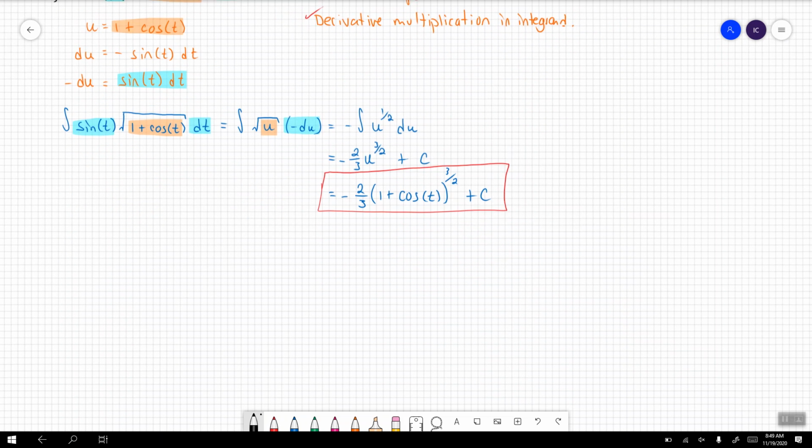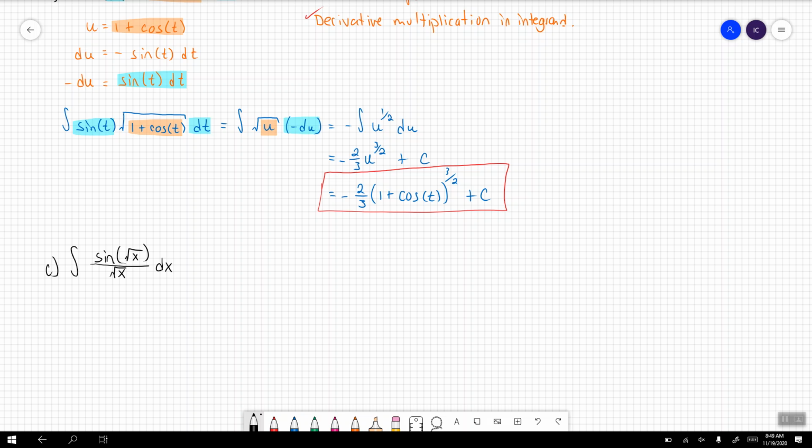Let's try part C. For part C, we want the integral of sine of the square root of x divided by the square root of x, dx. So again, we want to make sure we find those two requirements.